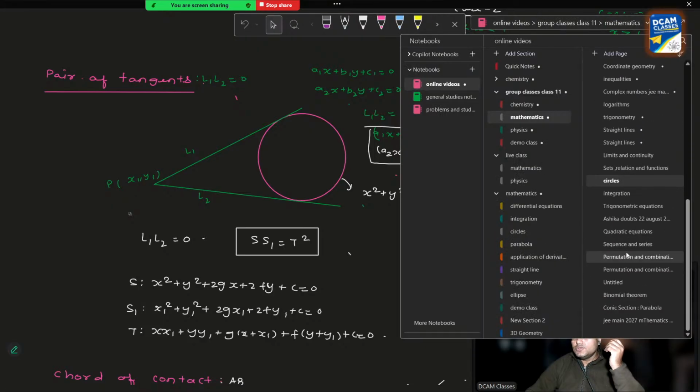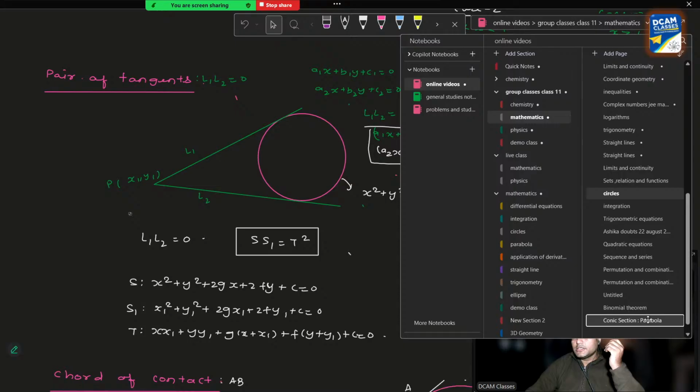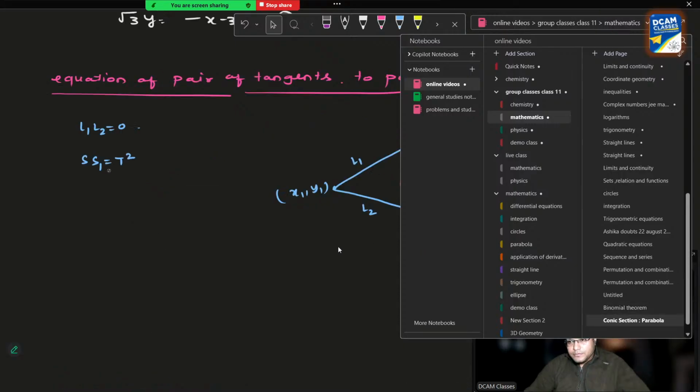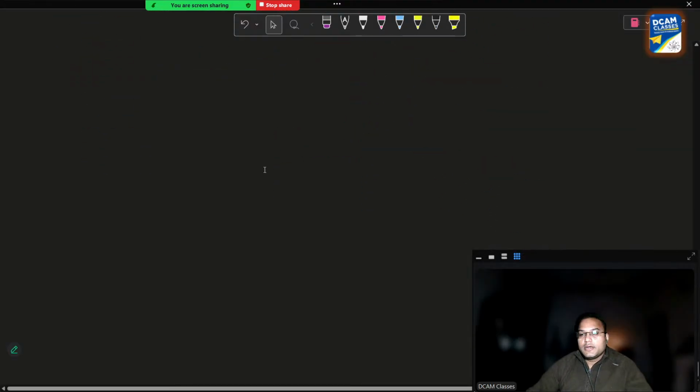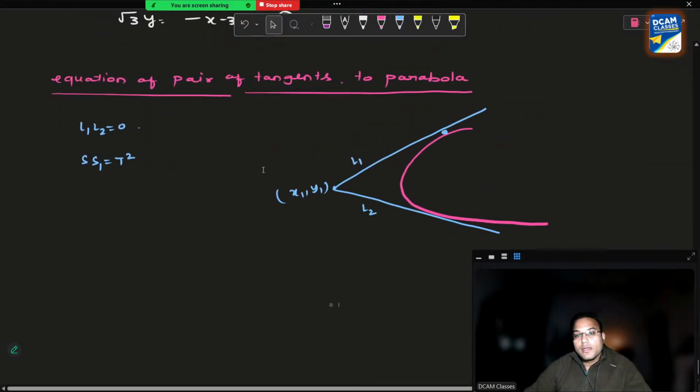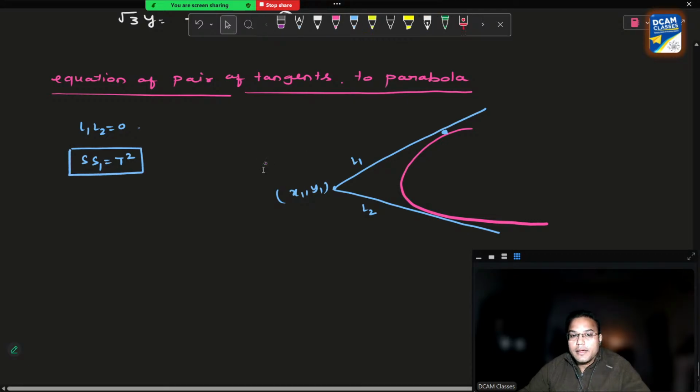Now let me do it for the parabola. Same thing. What is this? For this also I have written SS1 is equal to T square. Just go through those results of the circle. It will be easier for you.